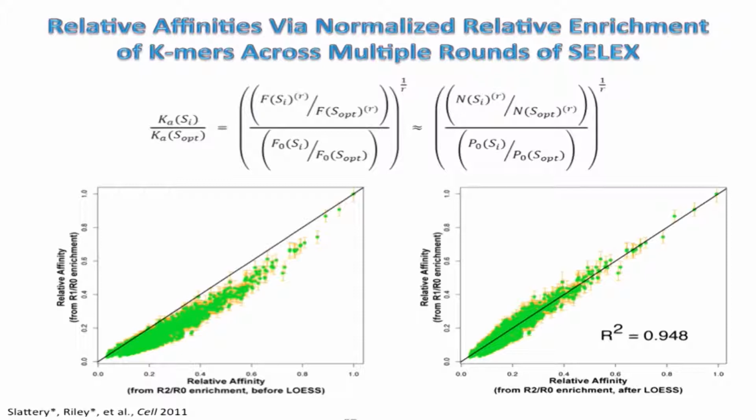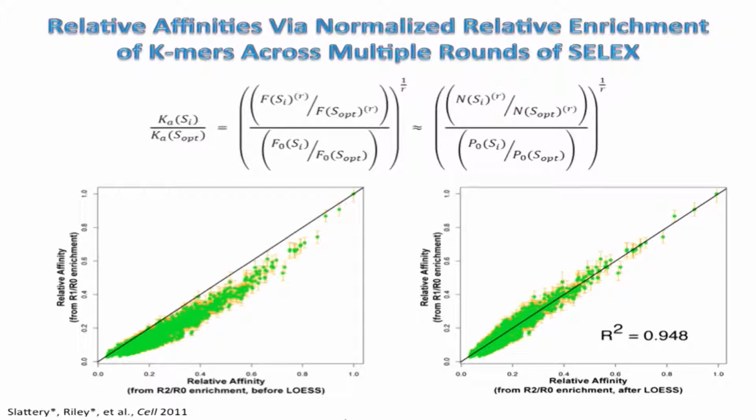And if I were to replace the x-axis with R3 over R0 affinity estimates, this curvature actually would get even steeper. So this saturation effect builds up in the library. As you look at later rounds of the SELEX-seq data, this curvature is more and more. So we want to normalize that out, basically.